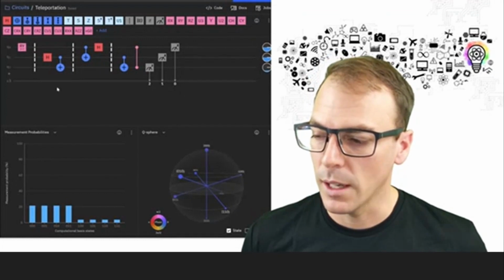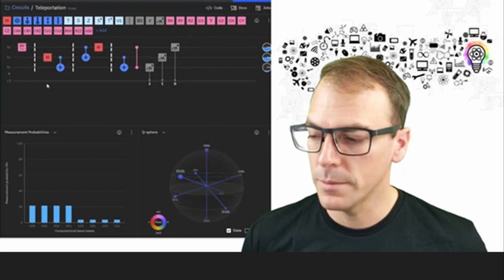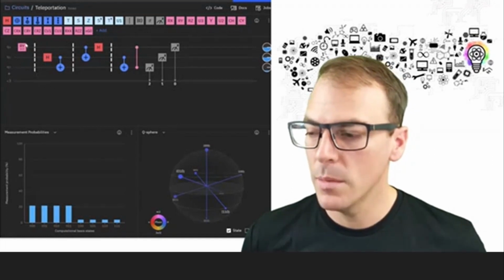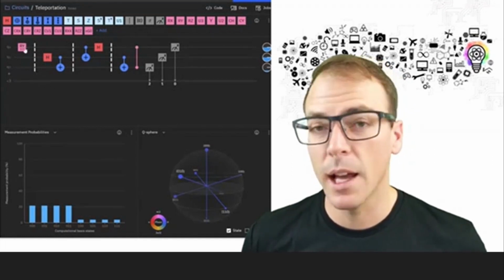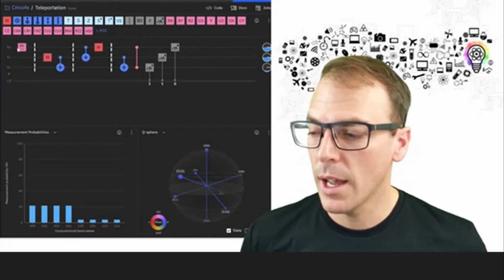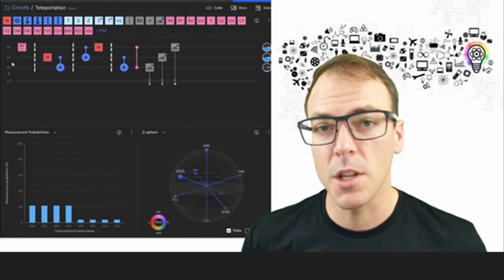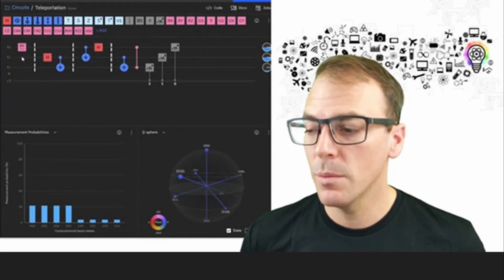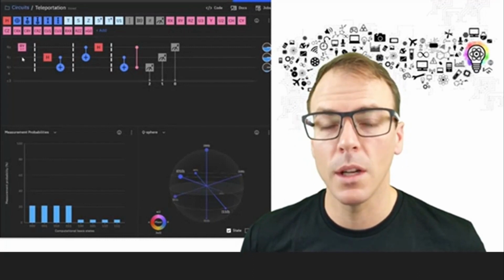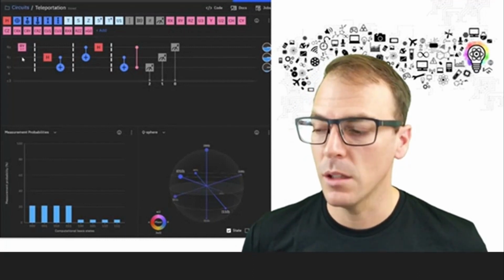If you're familiar with quantum circuits, then you'll know that time goes from left to right. So at time 0, I always start in the computational 0 state, and as I move right, I step through instructions, gates that are applied to the qubits.